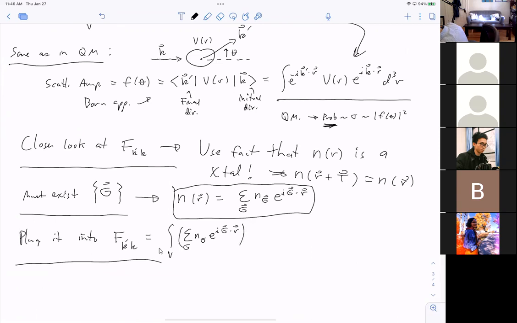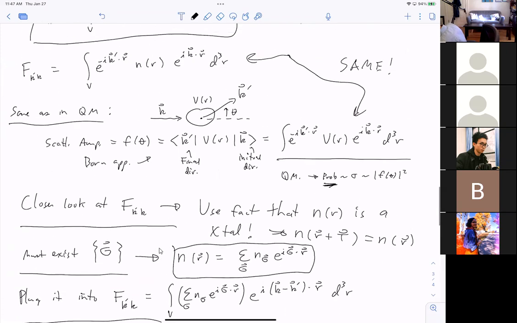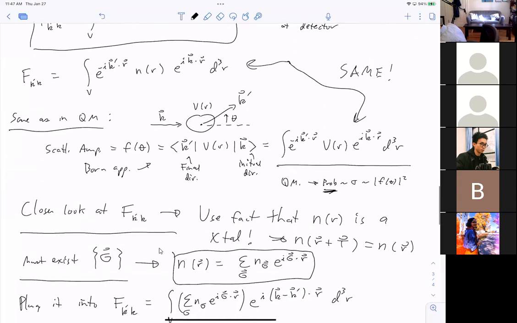That's n of r, but then I have to multiply by e to the minus i k minus k prime dot r, the phase difference term, d cubed r. Okay, did I get that right? Yeah, k minus k prime.